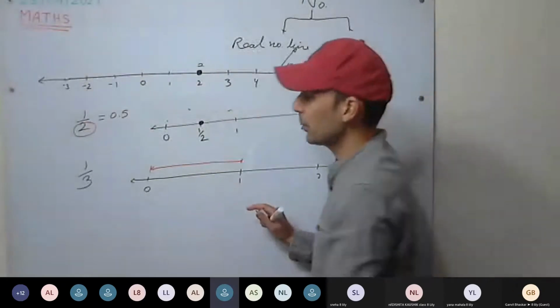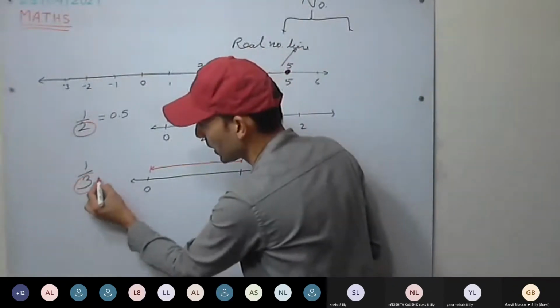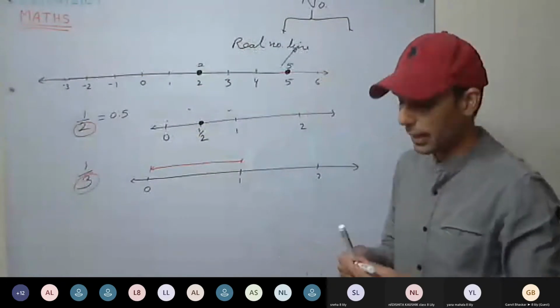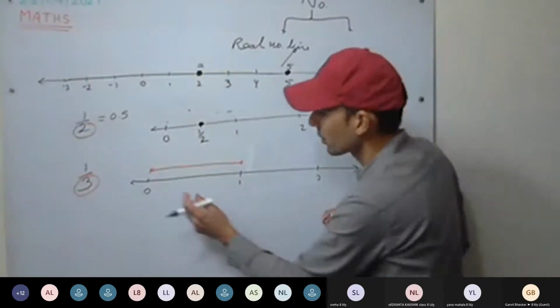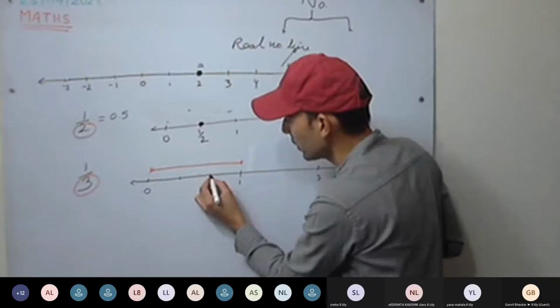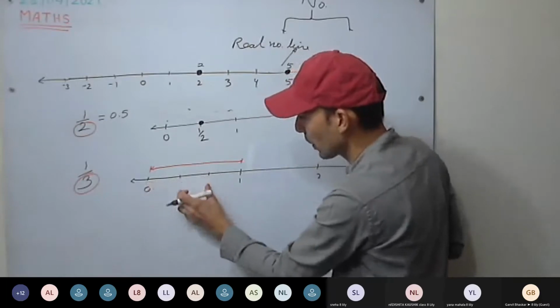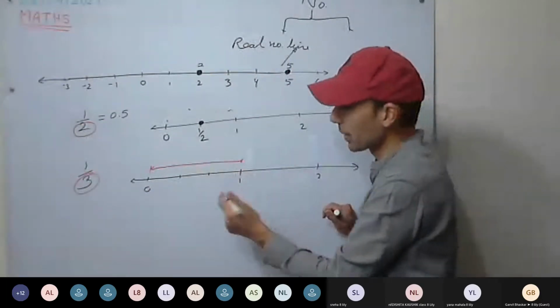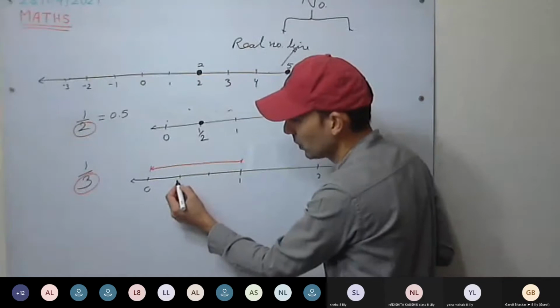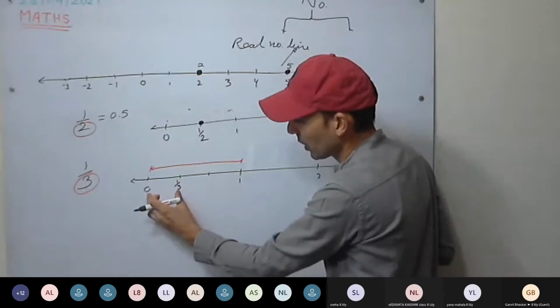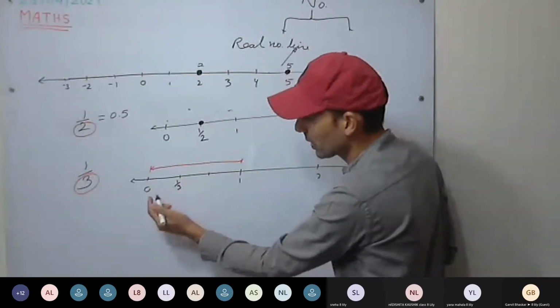3 parts, because this has to be divided into 3 parts. 1 by 3 are the parts. So 1 part, 2 parts, 3 parts divided. This will be how much? 1 by 3. This is 2 by 3.